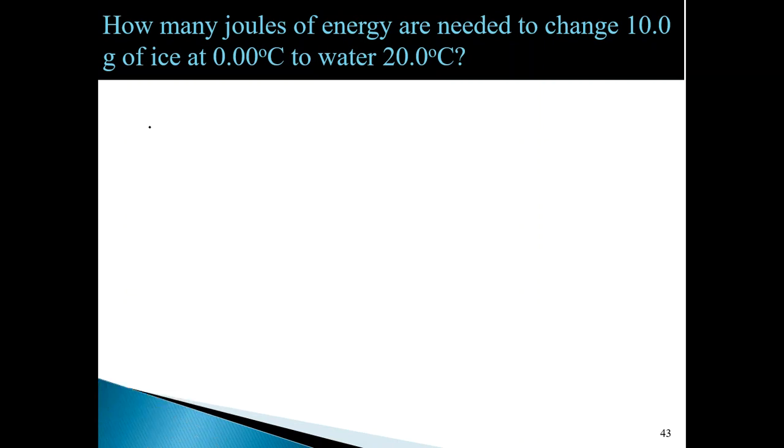Okay, so the way I would set up this problem is that I'll look at the process in 2 steps. The first step is I have H2O solid at 0.00 degrees Celsius, and that is converted to H2O liquid at 0.00 degrees Celsius.